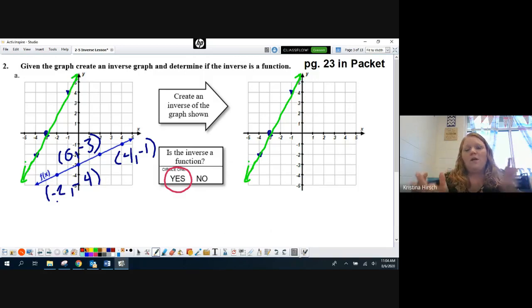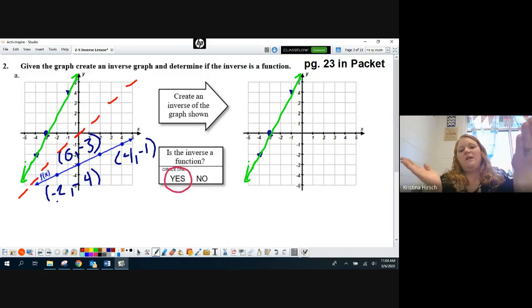They can fold over the y equals x axis, right here. So that will always be that imaginary fold line. You can envision it folding diagonally and it would match up perfectly. So that's another characteristic of inverses on graphs.